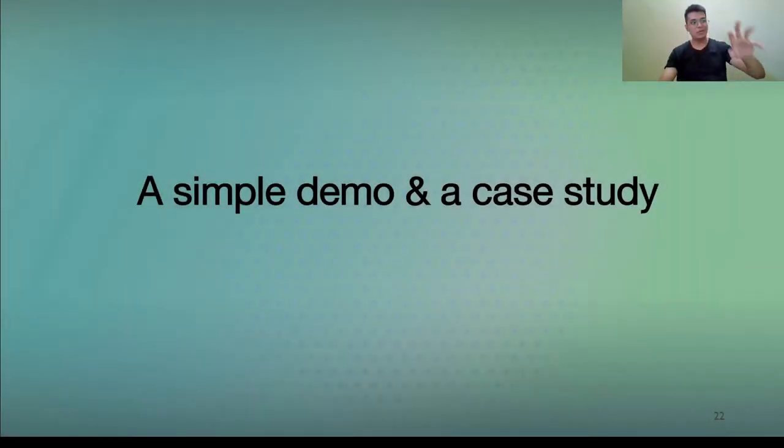Now moving further, we will go through a simple demo and a case study. When I'm talking about a case study, it means that when I start working on an ECU and start looking over it, what could be the possible threats of an ECU, how I identify the attack surface, how I identify the damages related to the attack surface, and what could be the possible methods.